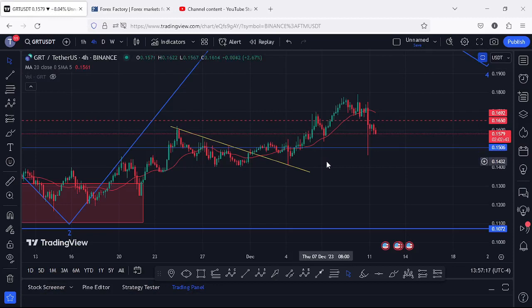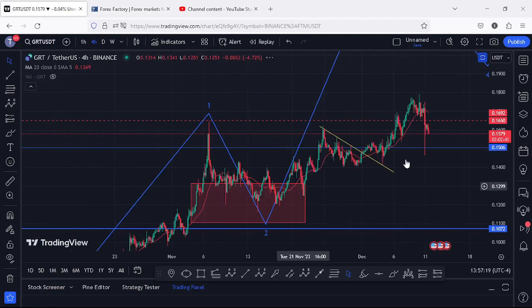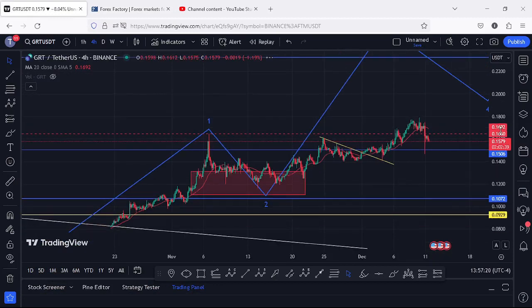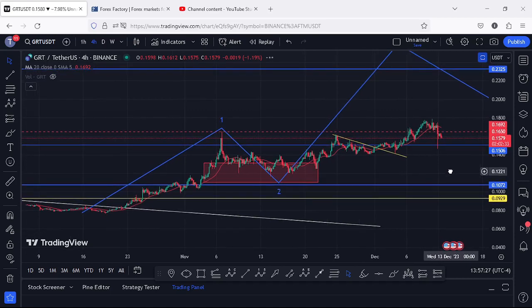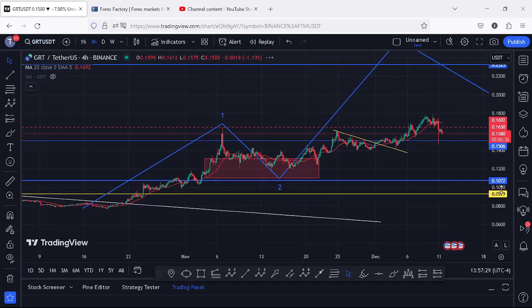moves in these charts. And at the time of this recording, GRT continues to hold above our invalidation points, still suggesting that GRT is obeying the Elliott structures.